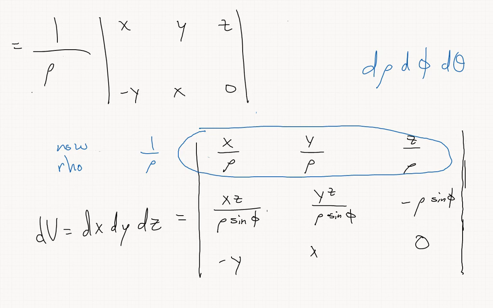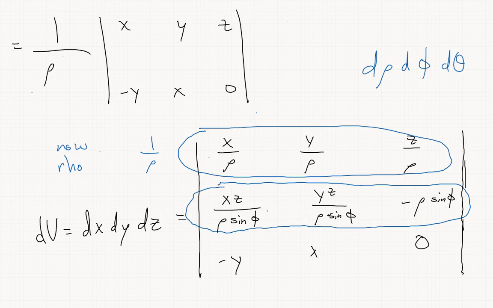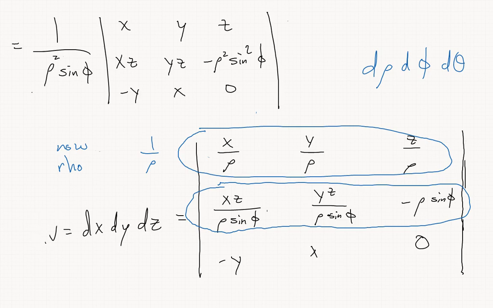And for the middle row, we'll also pull out a factor of 1 over rho sine phi. So this will be 1 over rho squared sine phi, with xz, yz, and now here we'll have negative rho squared sine squared phi. So we want to take the determinant of that.